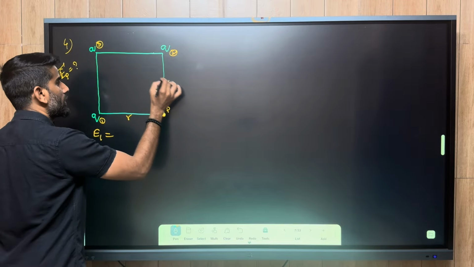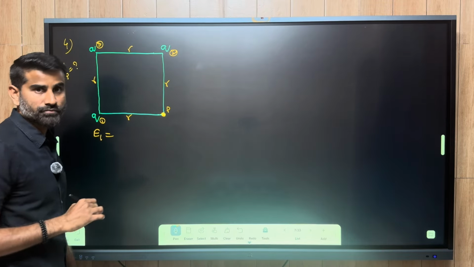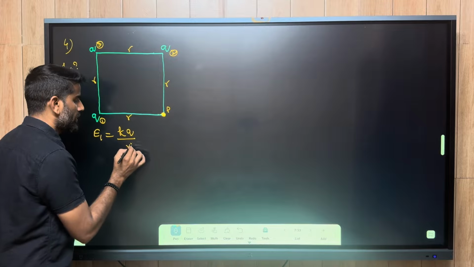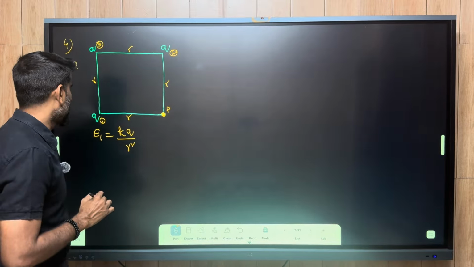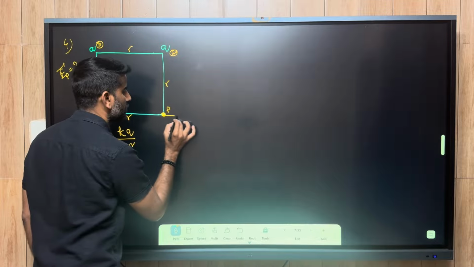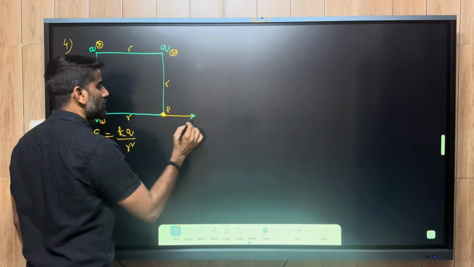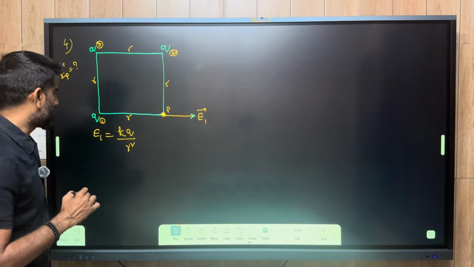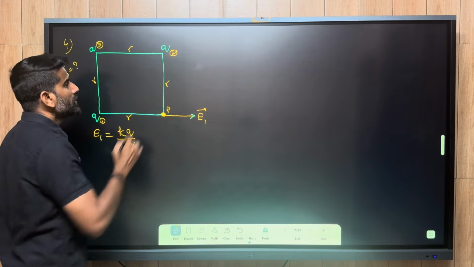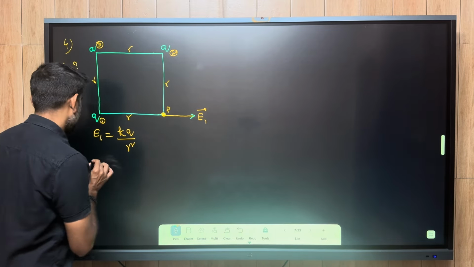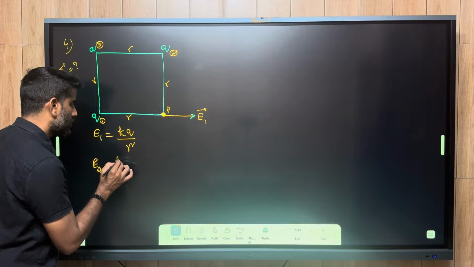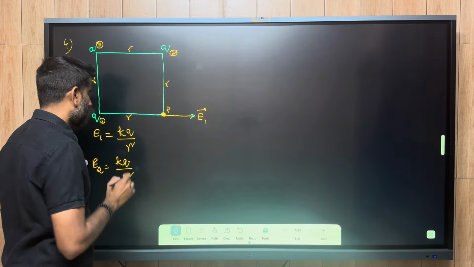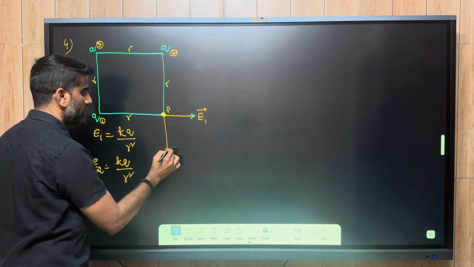Let's say this is R and R. All the sides are the same, equal to R. Now KQ by R square along the x-axis. I am representing the directions here, which is E1 vector. Now E2 is equal to KQ by R square again because the distance is R, charge is Q, but the direction is radially away.